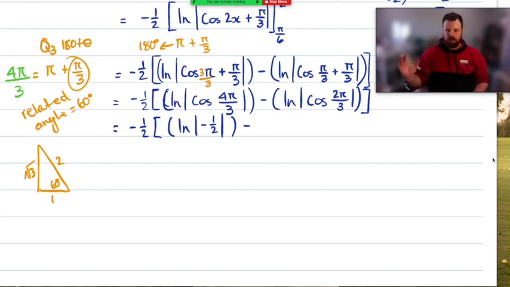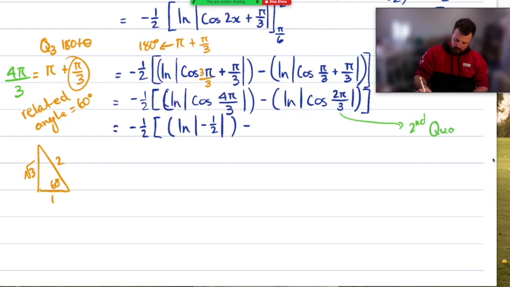Cool. Let's look at cos of 2 pi on 3. Well, 2 pi on 3, we said was just pi on 3 plus pi on 3. We said pi on 3 was 60 degrees, so 60 plus 60 is 120. So 120 degrees, or 2 pi on 3, this one is in the second quadrant, right?